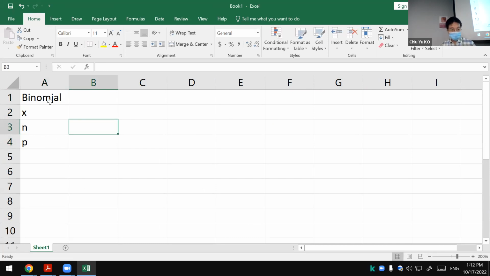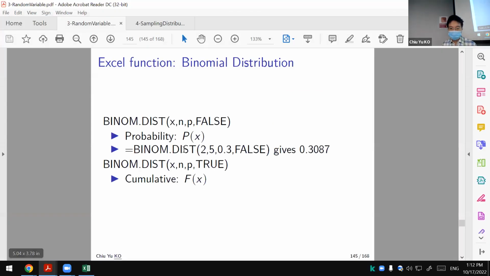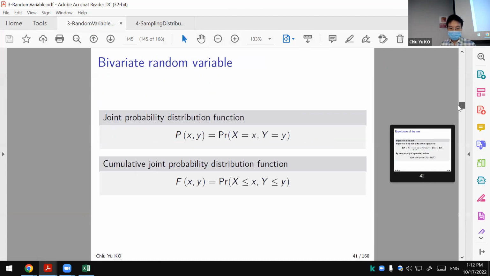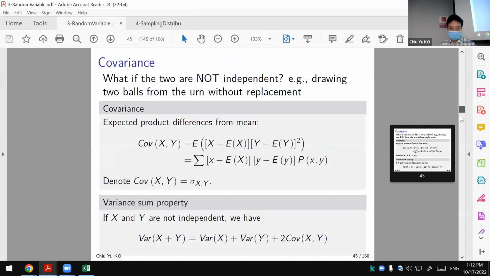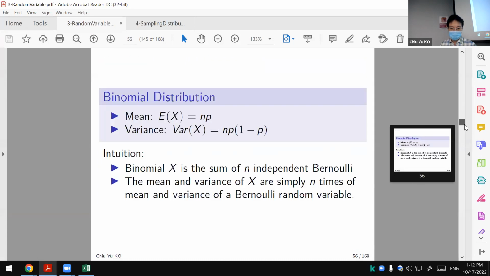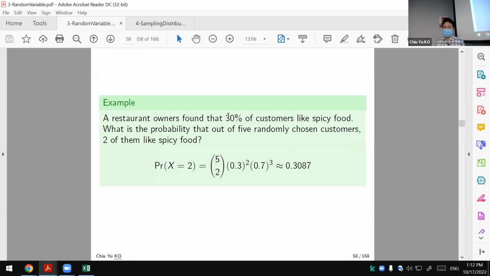I'm going to input this formula, which is a calculation we used in an earlier class. A restaurant owner has 30% of customers liking spicy food, randomly choosing 5. So you want to see how this is calculated and how to do it in Excel quickly.